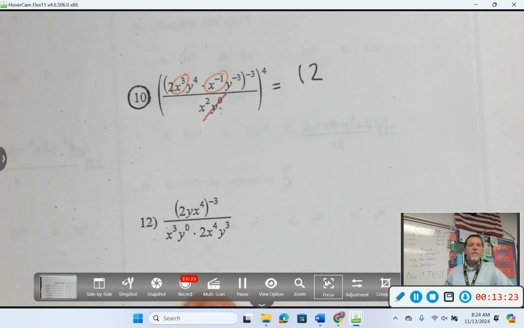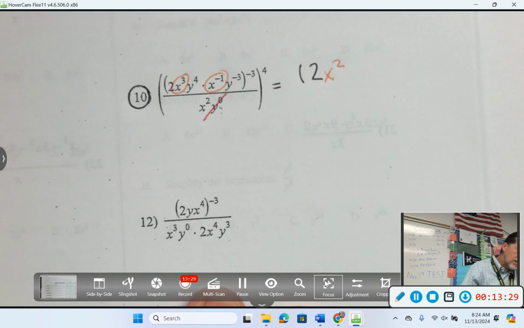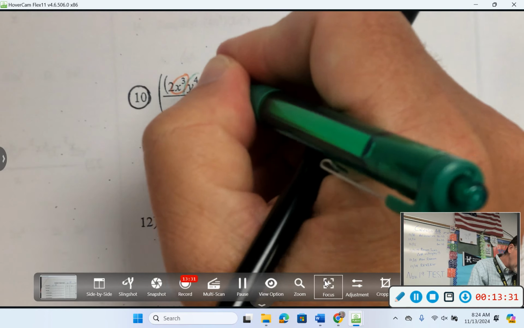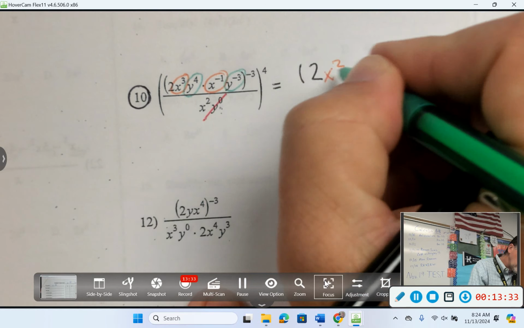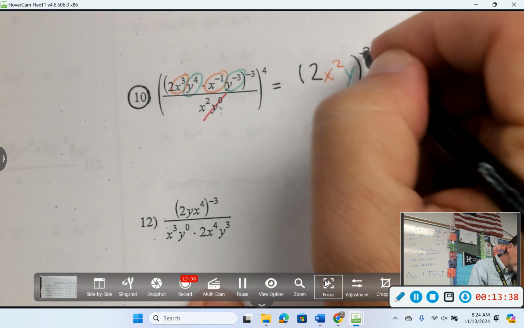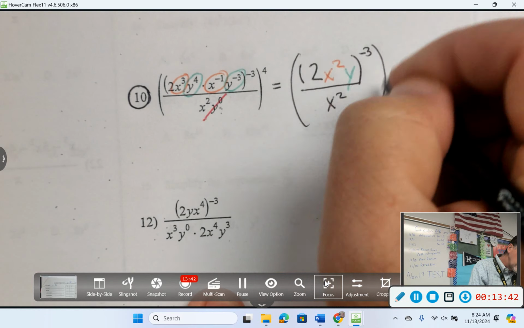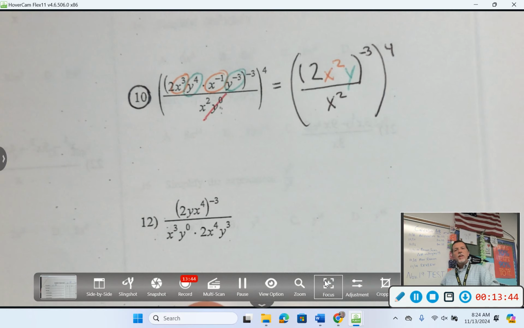That'd be x squared. So those two make x squared. 2x squared. How many y's are there? 1. And then that's 2 to the negative 3 over x squared, all to the 4th.